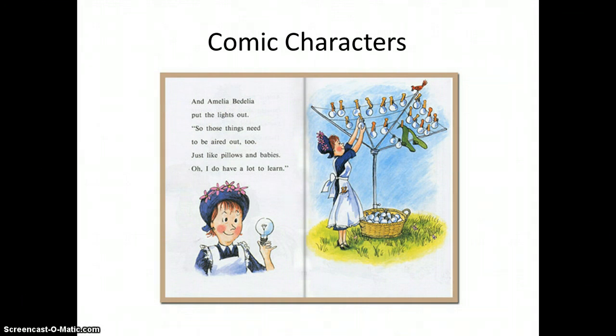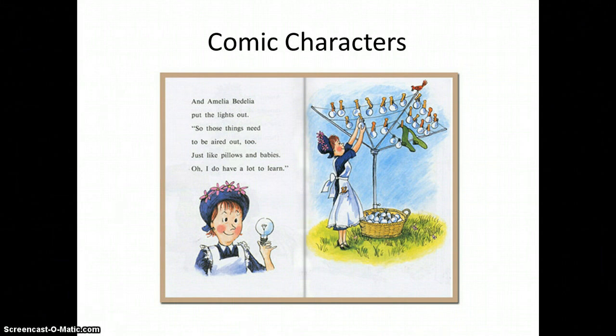Another comic character, this one is from literature. This is from the Amelia Bedelia books you probably read as a first or second grader. But Amelia Bedelia was a comic character, and the reason I put her in here is because we need to start seeing that there are comic characters in more than movies and TV shows.